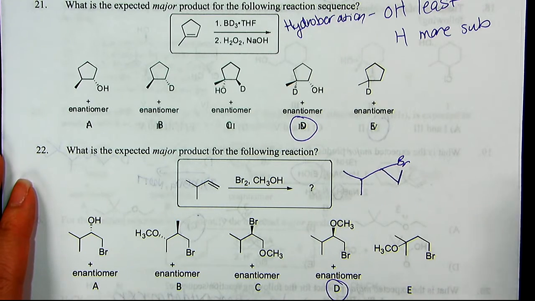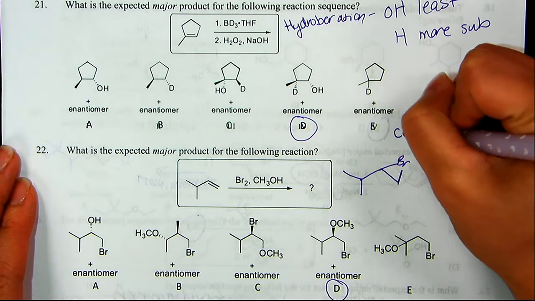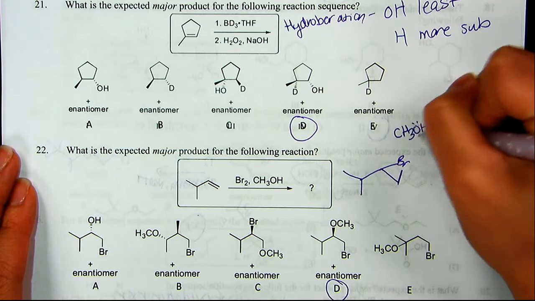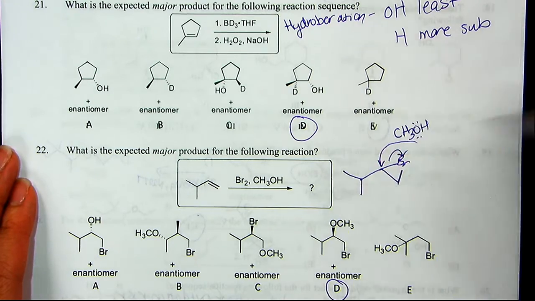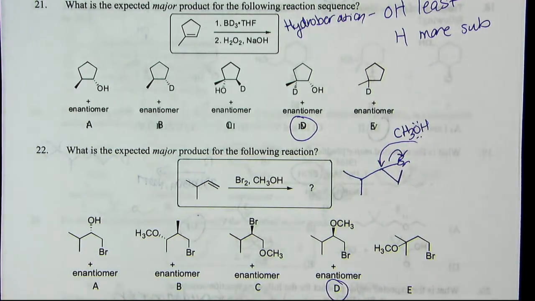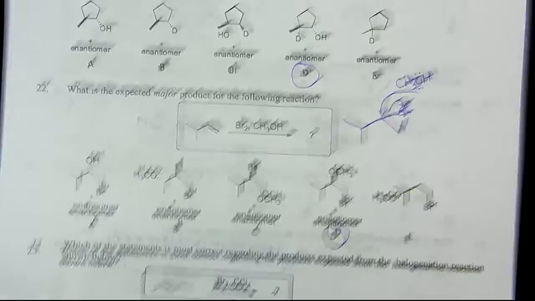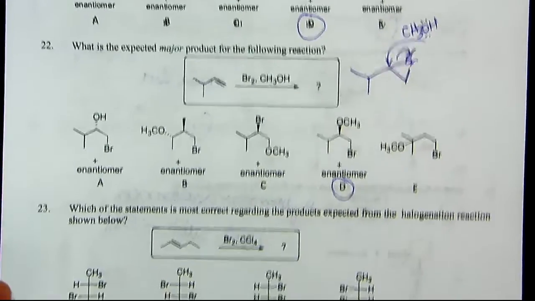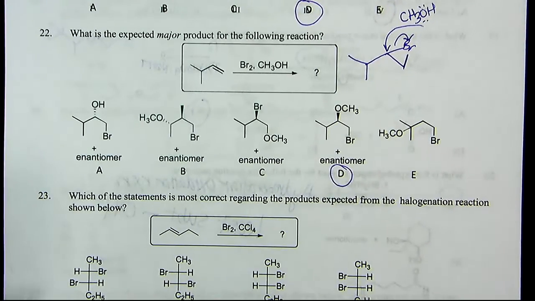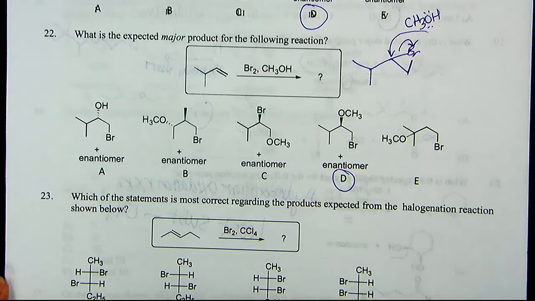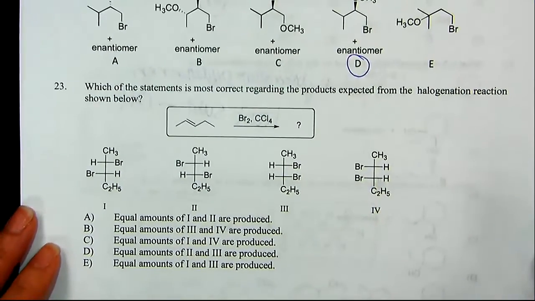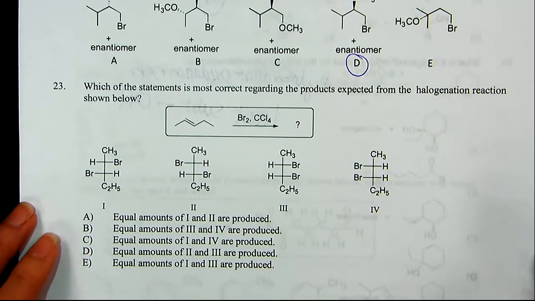When that bromonium ion opens, the methanol group, or whatever nucleophile you're using, will attack at that position. And that's how you get the nucleophile on the more substituted side. Again, if you understand the mechanism behind it, it makes sense and you don't have to keep memorizing what's more or less substituted.